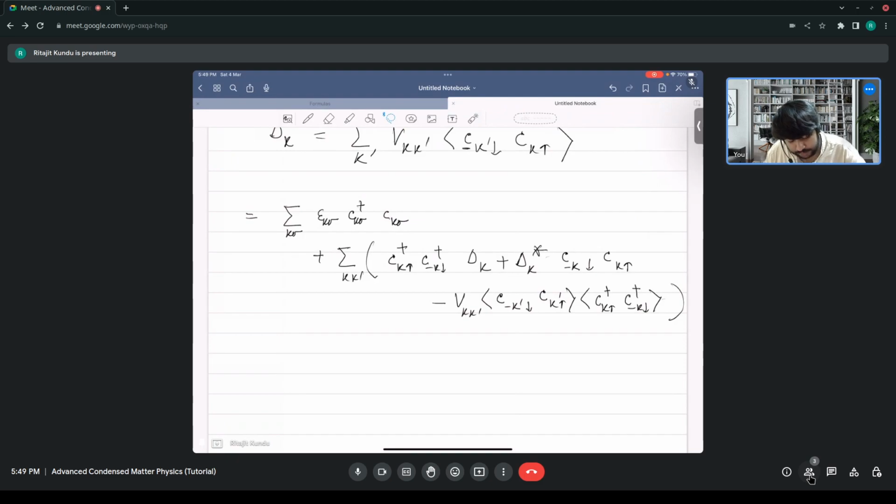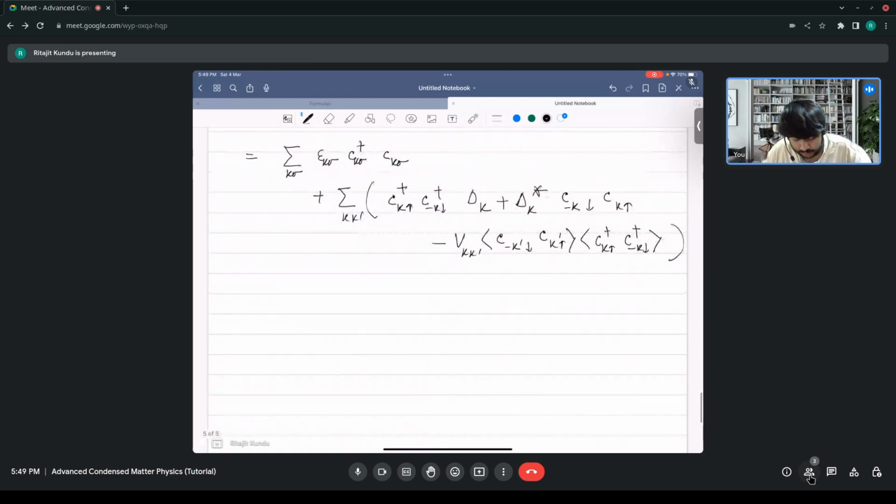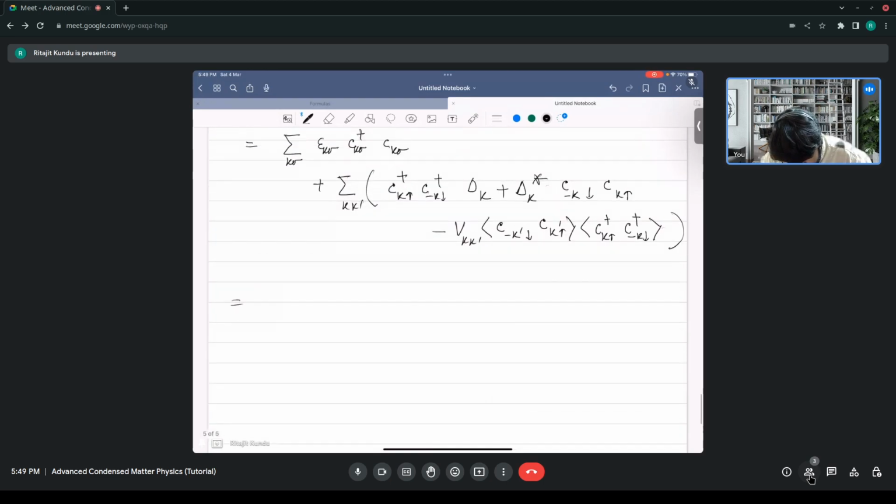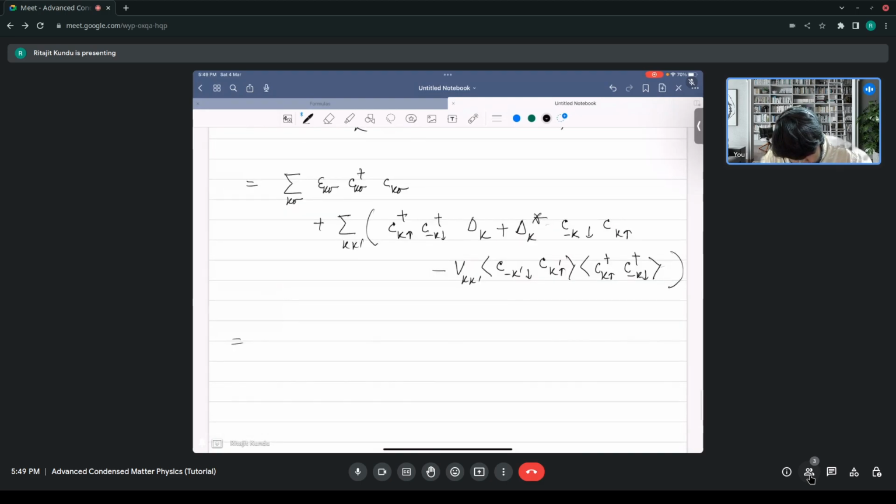Okay, this constant term is there, but it will not do anything to the diagonalization, so we'll just keep it apart for now, and focus on the single particle term.